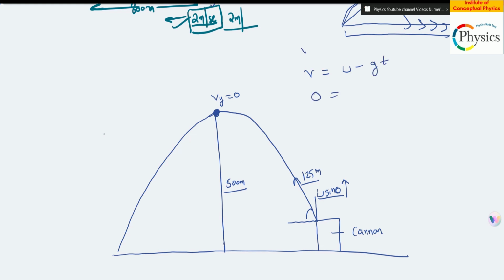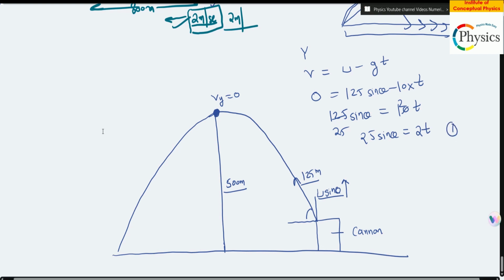So I'm writing the y-axis part of it. u is 125 sine theta minus 10 into t, and 125 sine theta is equal to 10t. So 25 sine theta is equal to 2t, right? So this is equation number 1.